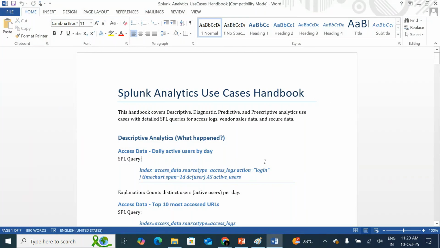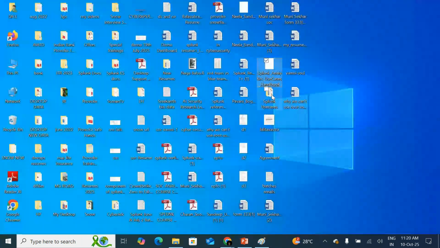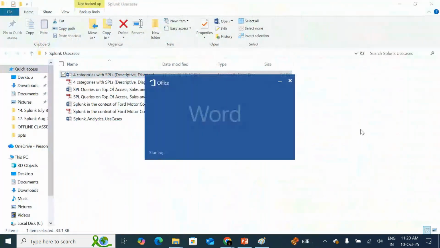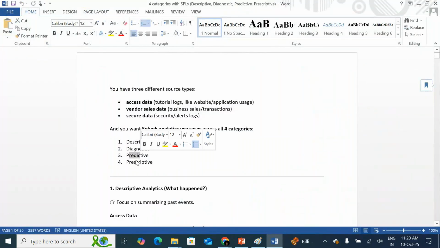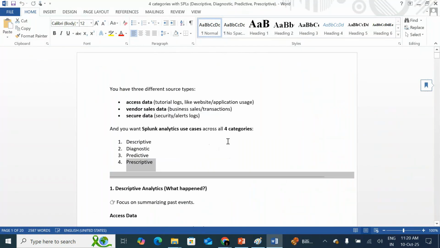The entire IT industry works on these four analytical operations: descriptive, diagnostic, predictive, and prescriptive analytics. There are four categories of data analytics.